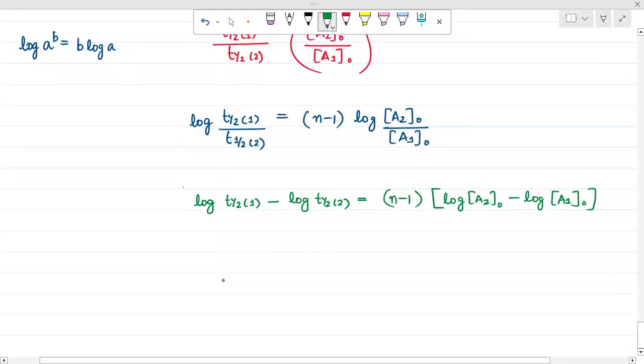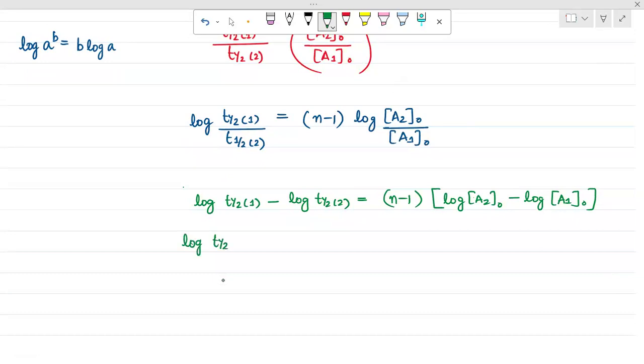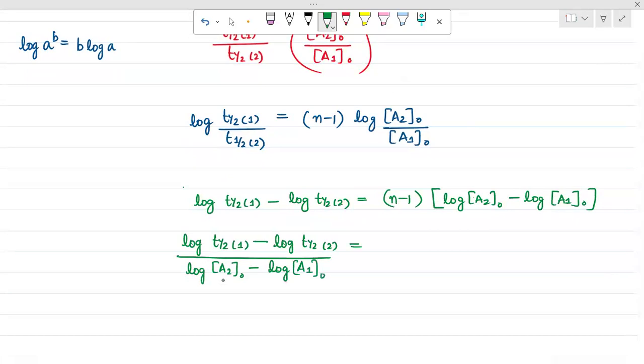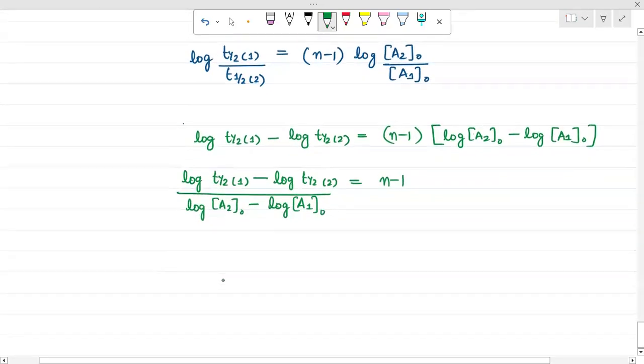Keeping n minus 1 on this side and taking the other one to the left, it becomes log of t half 1 minus log of t half 2 divided by log of a2 naught minus log of a1 naught. This is equal to n minus 1.